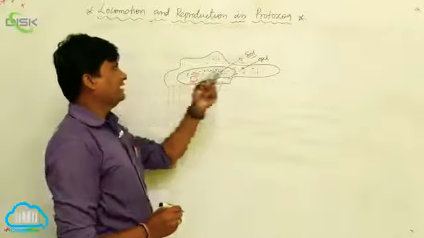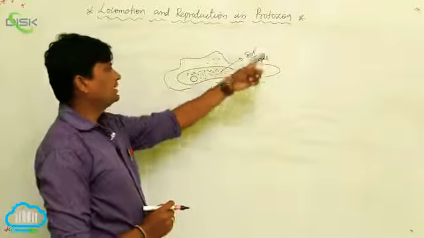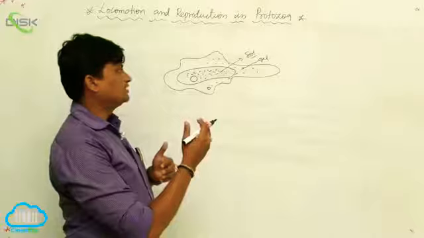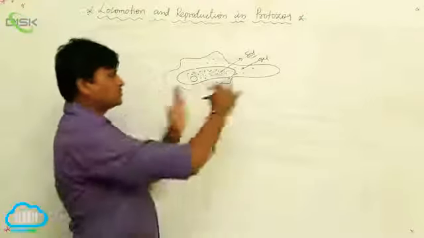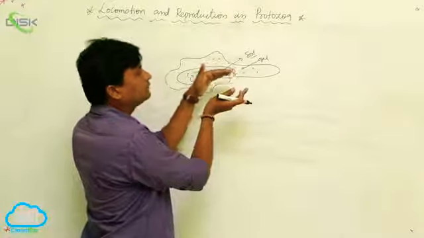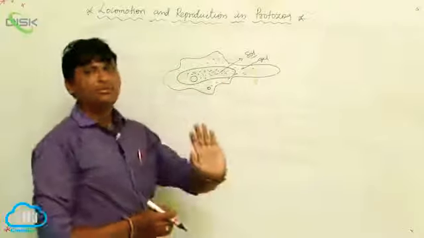Here sol is converted to gel, and gel is converted to sol, vice versa. These conversions project towards the formation of a pseudopodium to move from one place to another. This type of movement we call amoeboid movement.